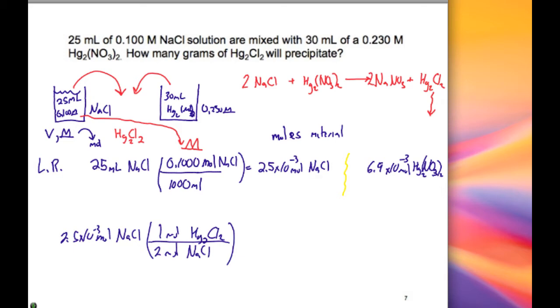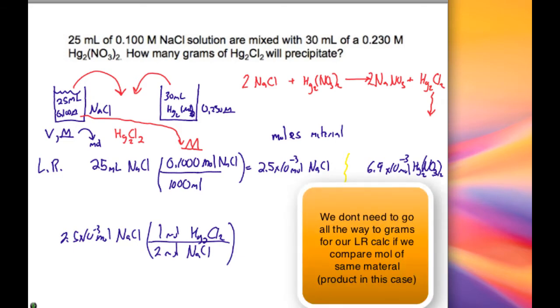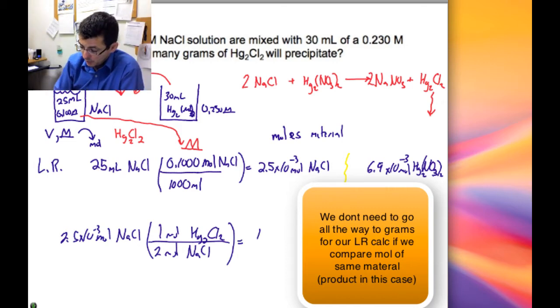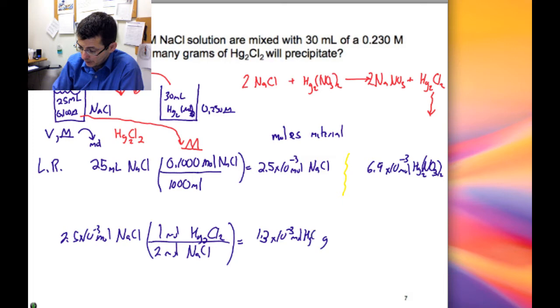Now, we could continue on to the grams if we so desired, but we're fine working in moles, so this would be 1.3 times 10 to the minus third moles of mercury chloride would be produced. And you can do the same calculation for the mercury nitrate.